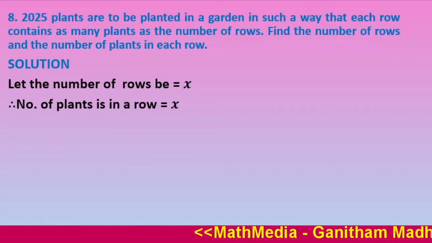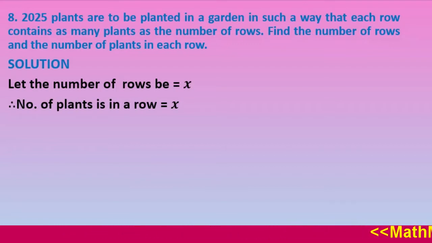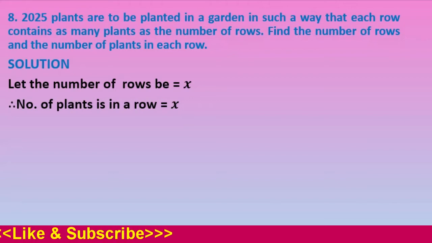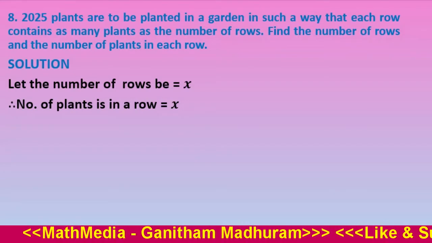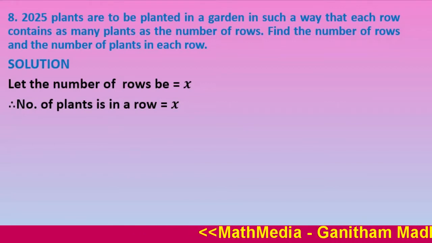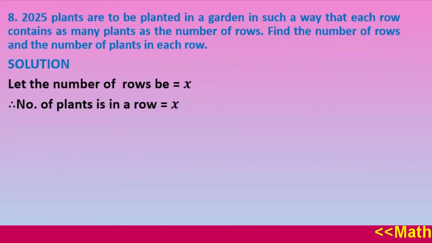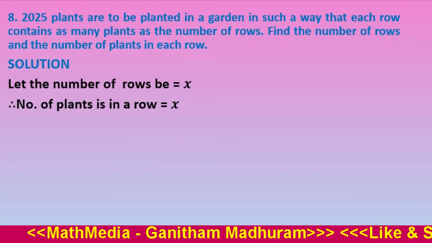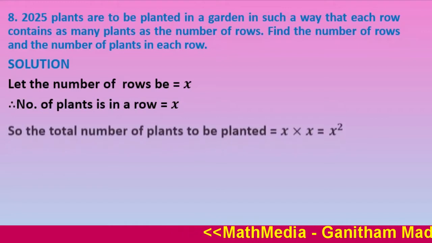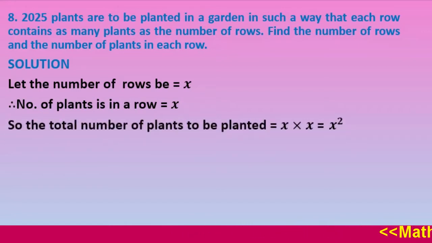Now you are able to find the total number of plants. How do we get it? We multiply the number of rows and the number of plants in each row. That is x into x, so x square is the total number of plants in the garden.